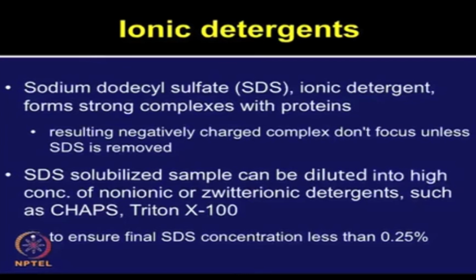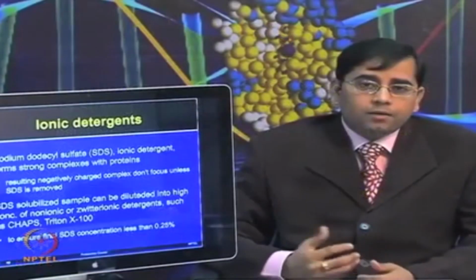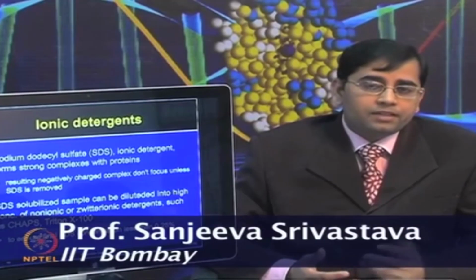it is going to create some problems, because SDS will bind to the proteins, which will result in a negatively charged complex, and that will not focus unless the SDS is removed from the protein sample mixture. SDS solubilized sample can be diluted by using a high concentration of non-ionic or zwitterionic detergents, which are CHAPS, Triton X-100, and we have talked about all different types of detergents in the last lecture.